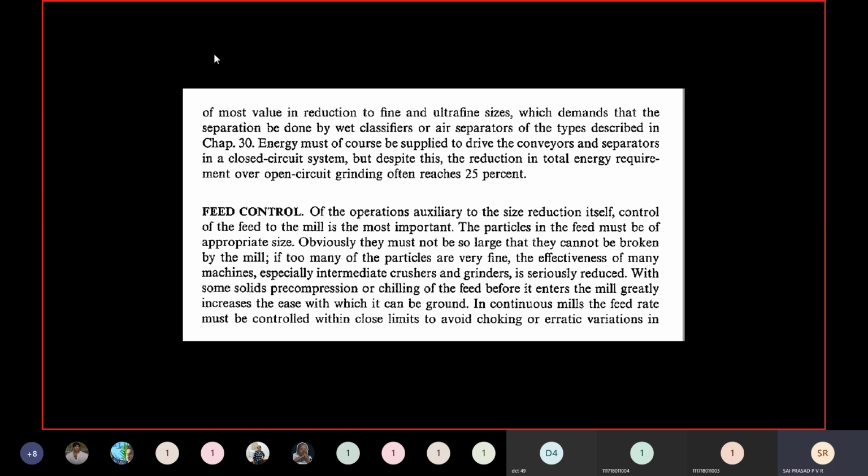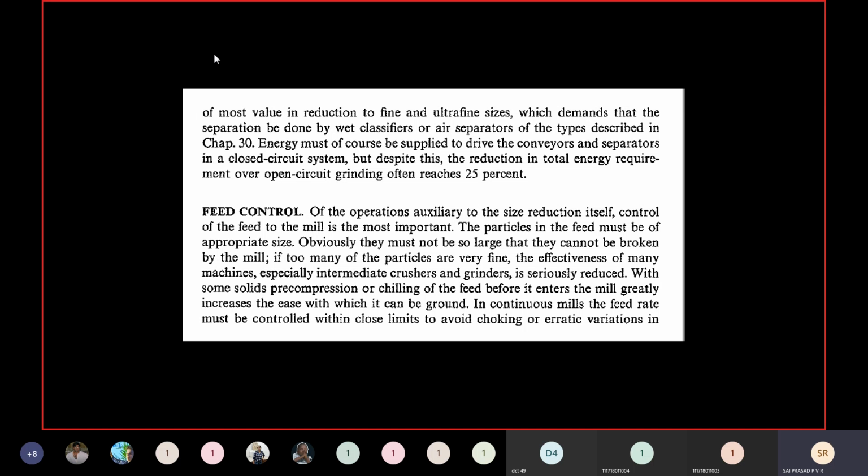Very beautiful statement. He says that the amount of energy consumed in closed circuit grinding is 75, while the amount of energy consumed in open circuit grinding will be 100. Why? Because we are not making any attempt to remove the fines after the crushing is over. So they are unnecessarily blockers.